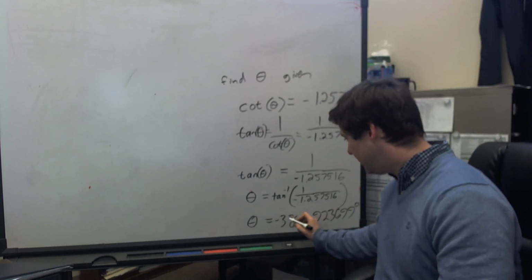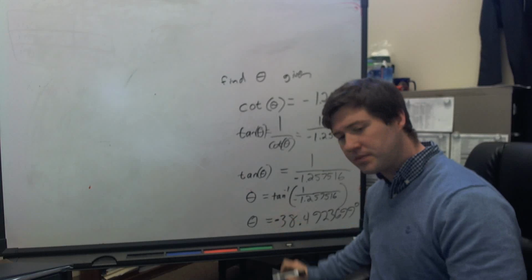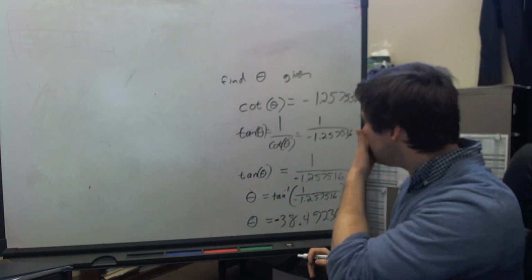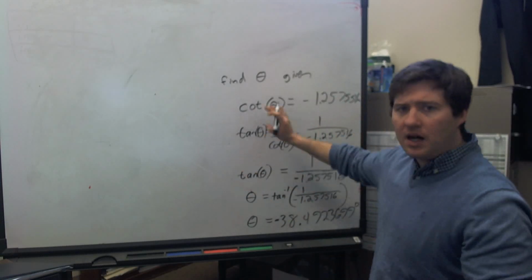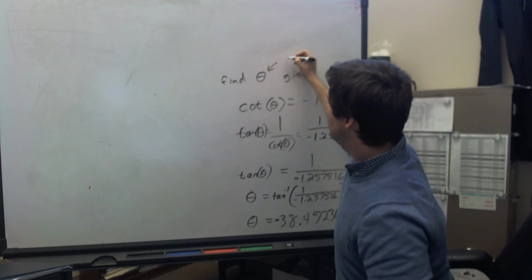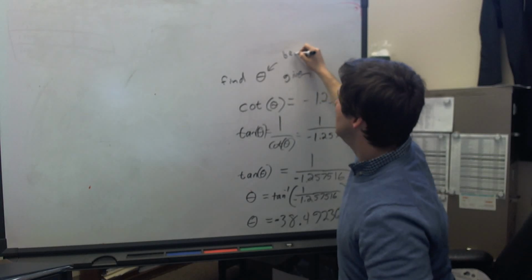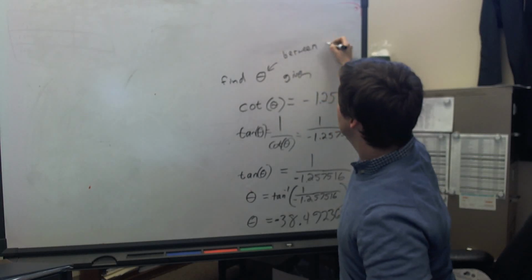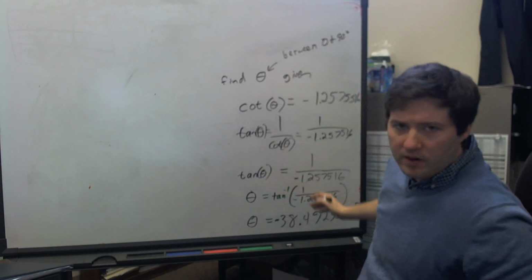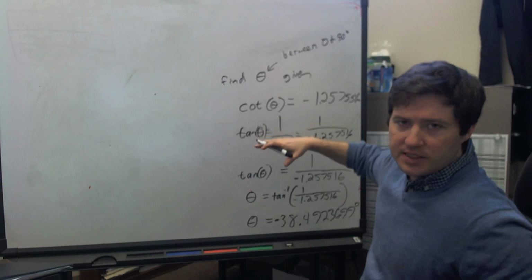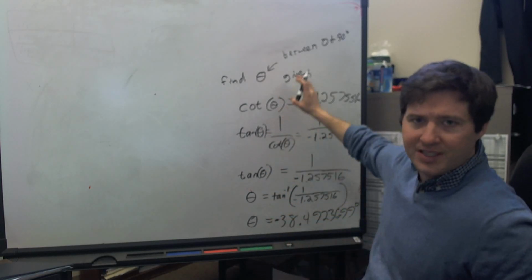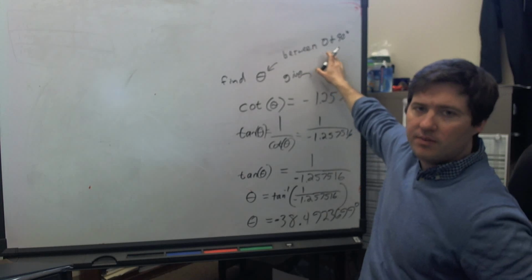So that may trouble some of y'all, that negative sign. And that's understandable. It kind of troubles me a little. Our textbook normally specifies that they want theta between 0 and 90 degrees, right? Well, that's not between 0 and 90 degrees. That's a negative angle, right? It's less than 0. So obviously, that's not going to work here.